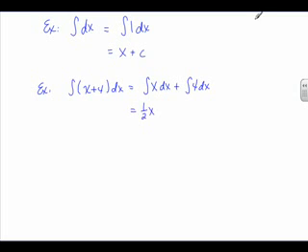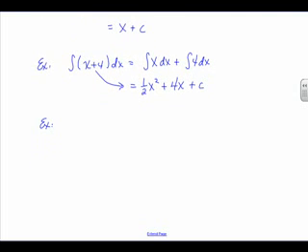So integrating then, we get 1/2 x squared for the first part plus 4x for the second part, remembering plus c on the end. Now with enough practice, you're going to be able to skip that second step. You can go straight from the integral of x plus 4 to 1/2 x squared plus 4x plus c. But you're not ever going to be penalized for writing down more steps than you need to. So if you're not sure, break it down.